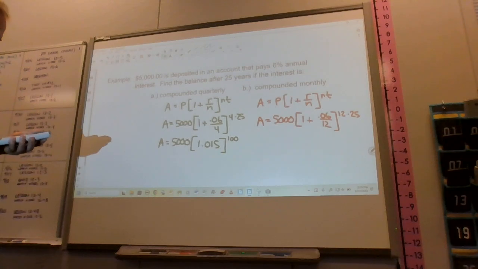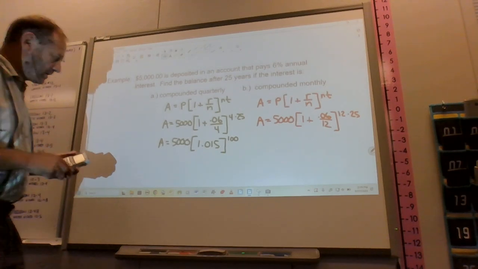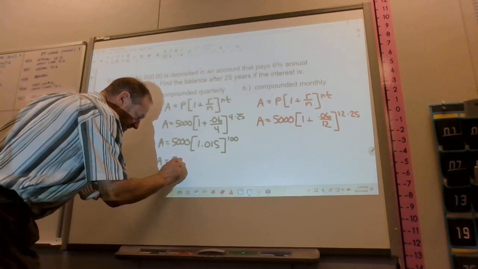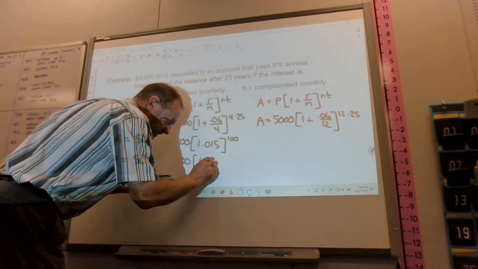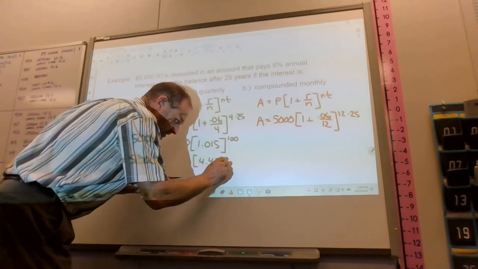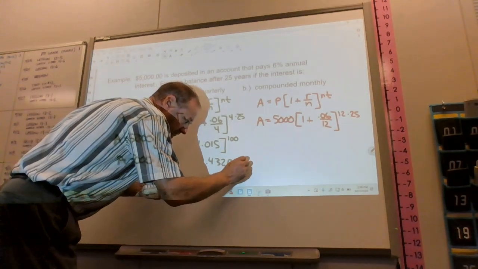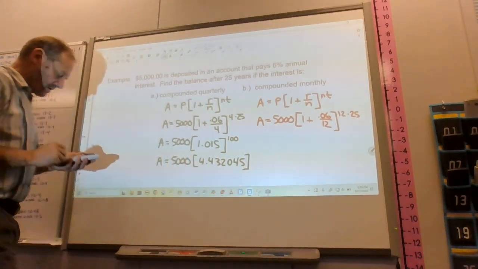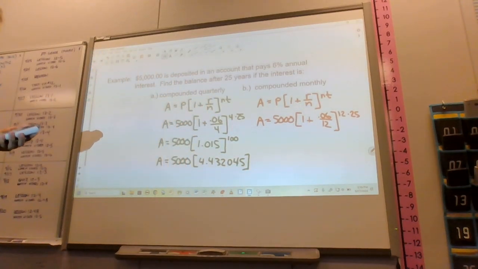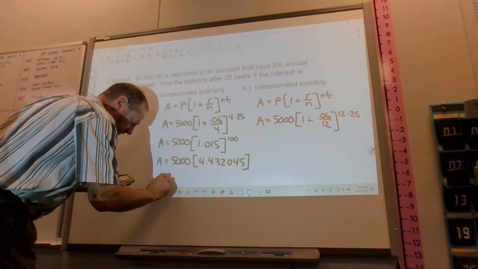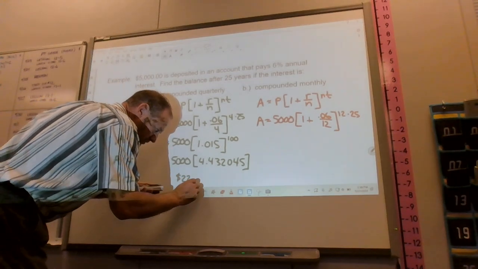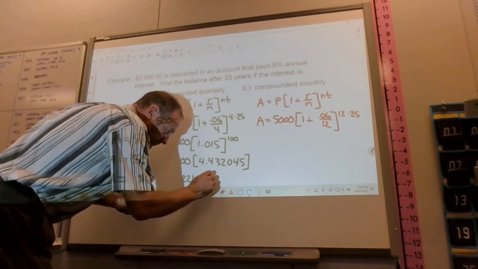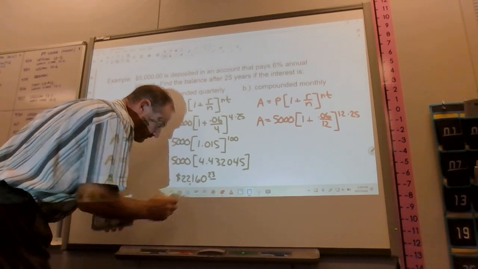Okay, so then we'll take this to the 100th power, and that's going to be 5,000 times 4.432045. And then we'll go ahead and multiply that by 5,000. And that means if we don't touch this money, we're going to have $22,160.23 in our account.